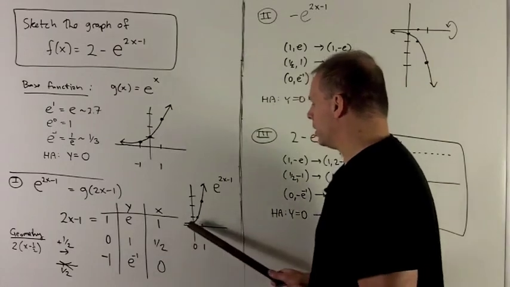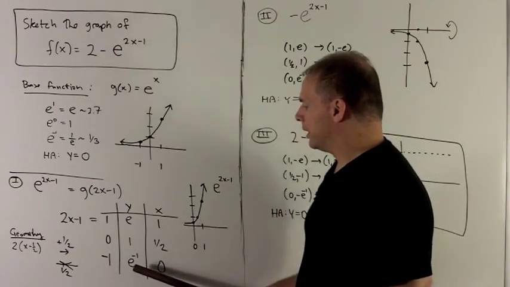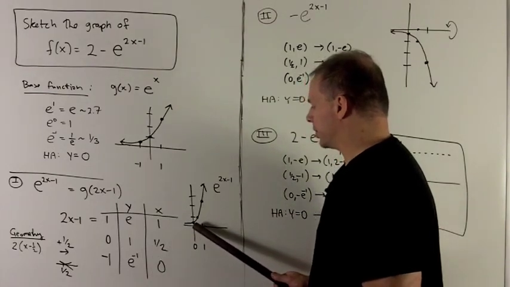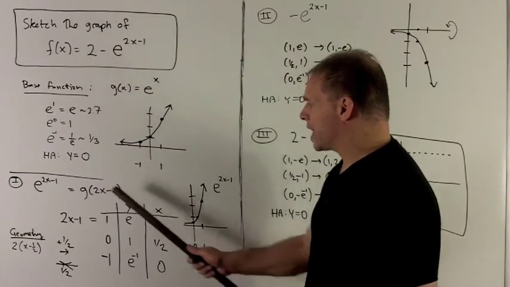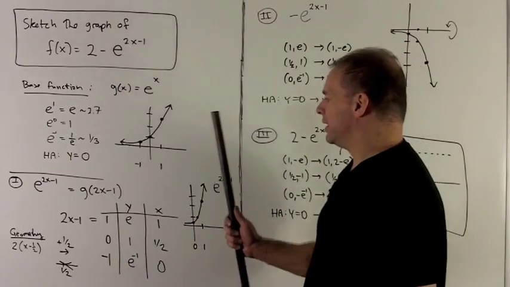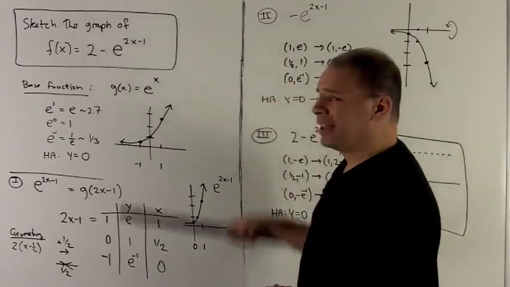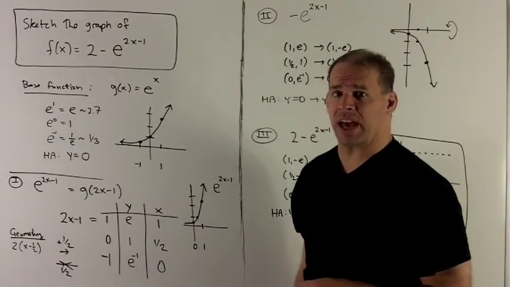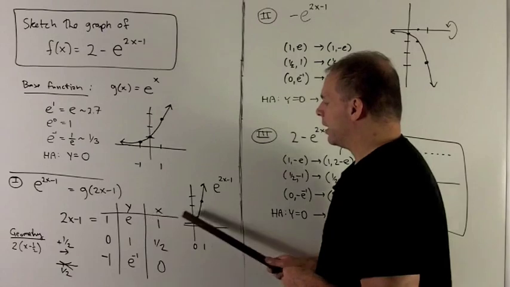I have a half, 1, go over a half, up 1, and then 0, e to the minus 1, so that's going to be 0, and then up a third. Our horizontal asymptote's not going to change at all from this. This operation is only dealing with pushing around x values, so everything above the x-axis will stay above the x-axis. We connect our dots, and then we get this here.